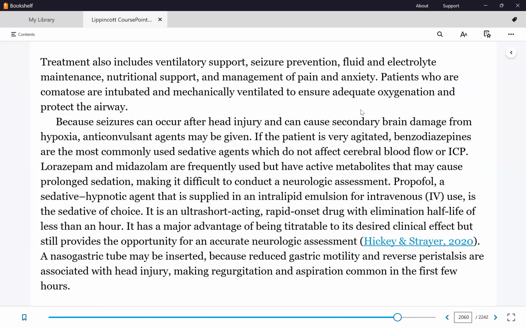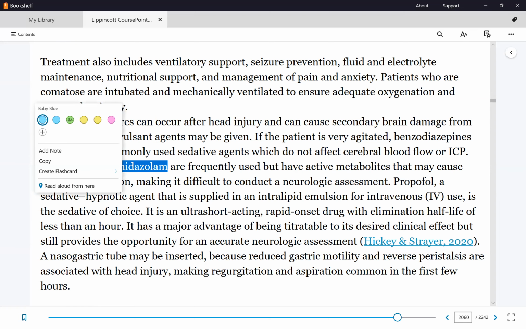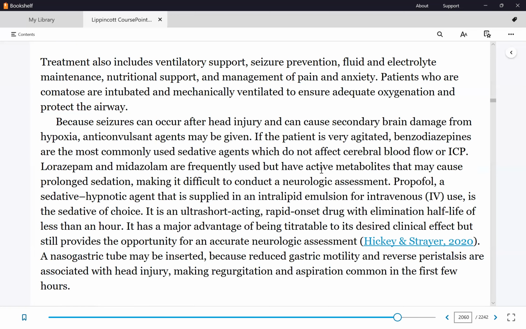The choice actually is either phenytoin or levetiracetam, Keppra or Dilantin. But if the patient does have seizures, what will be given? Lorazepam or midazolam. Okay, you don't give both. So one or the other.